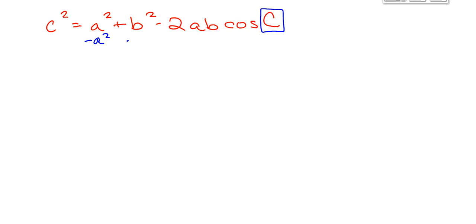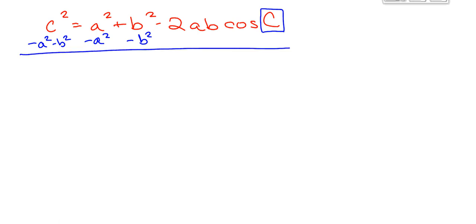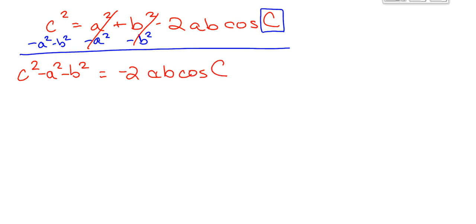I think we'll subtract a squared and subtract b squared at the same time. And when we do that, we get c squared minus a squared minus b squared equals, these cancel, that cancels. Don't forget that negative 2 is there, ab cosine c.